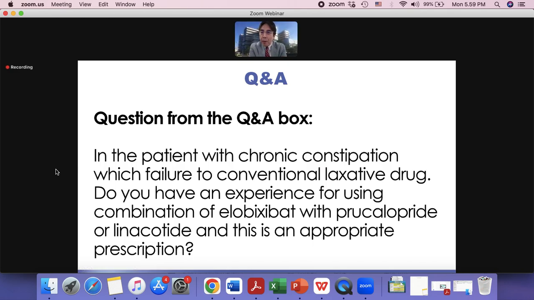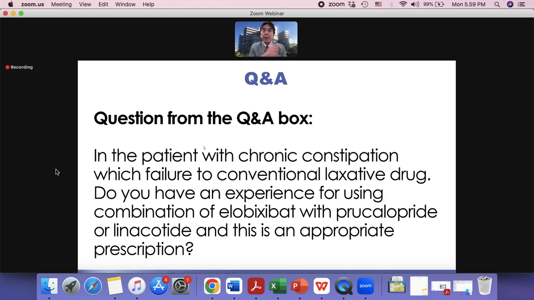Yeah, unfortunately in Japan, we cannot use prucalopride. However, we can use lactulose, magnesium oxide, and PEG. So in a critical situation, many doctors use a combination of Elobixibat with an osmotic laxative, which is a good combination.